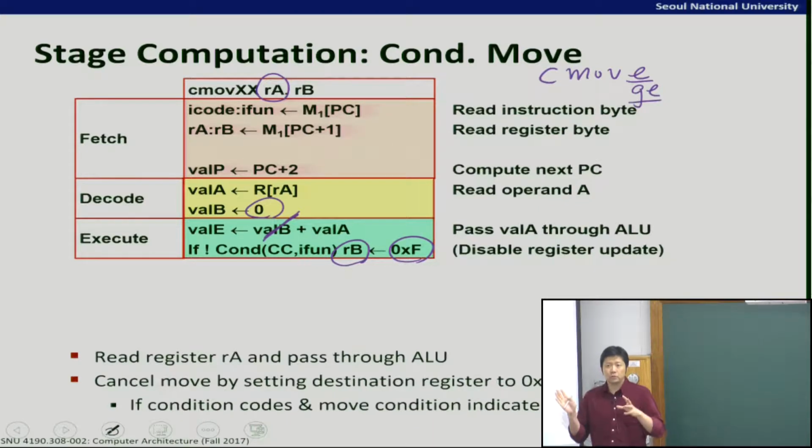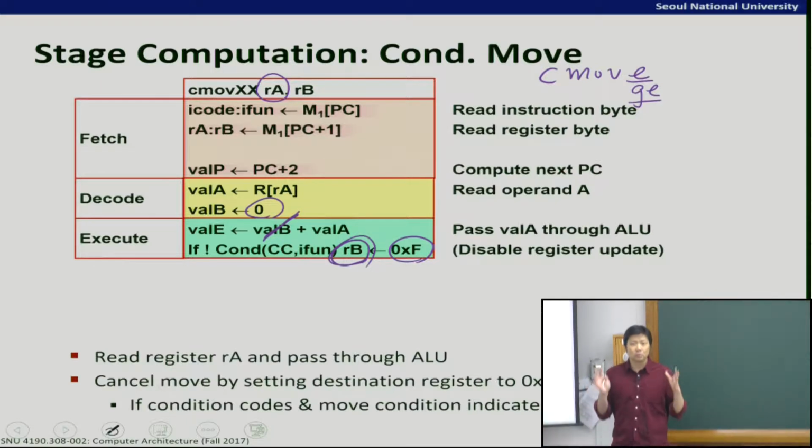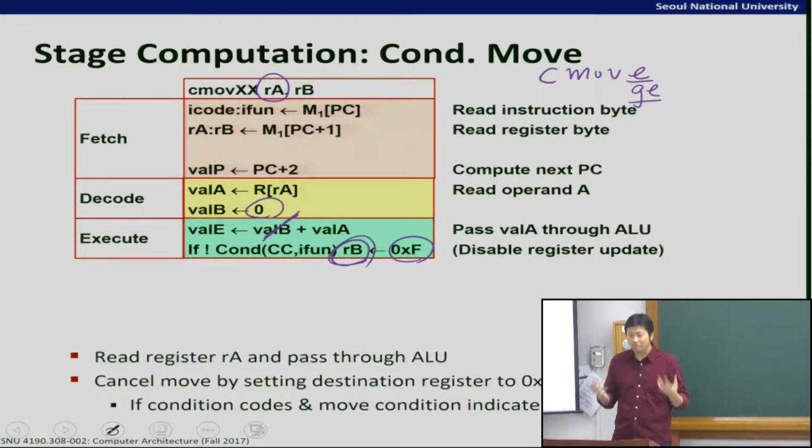Originally we are supposed to write the value to the destination register, because we are doing a move. But if the condition is not satisfied, we change the destination register to F. F is basically no register, so we are not writing to any register. It effectively disables the register update.